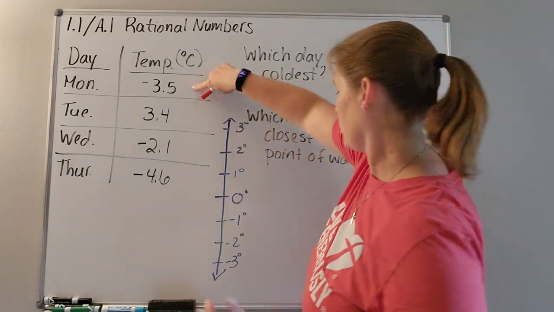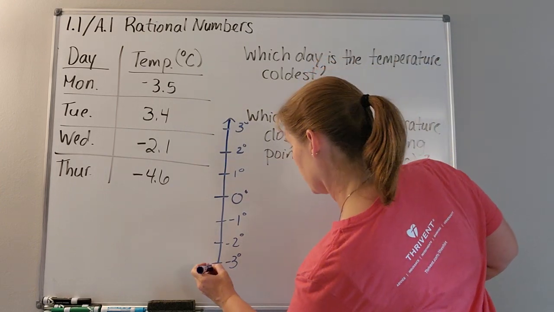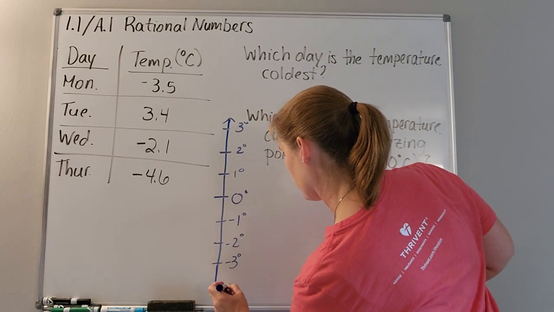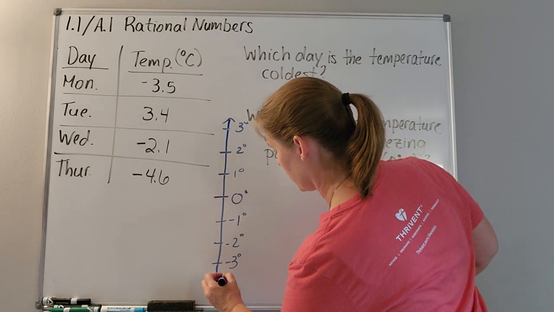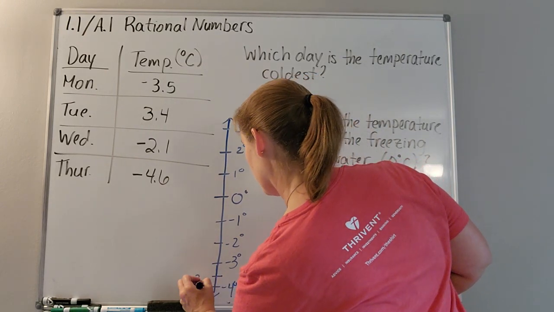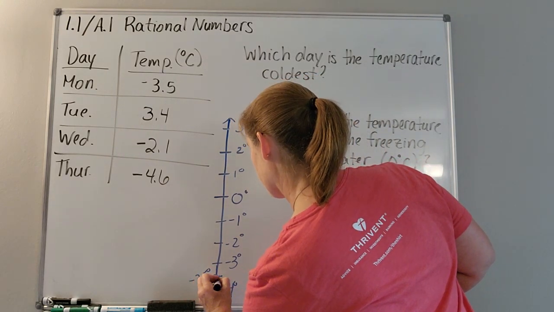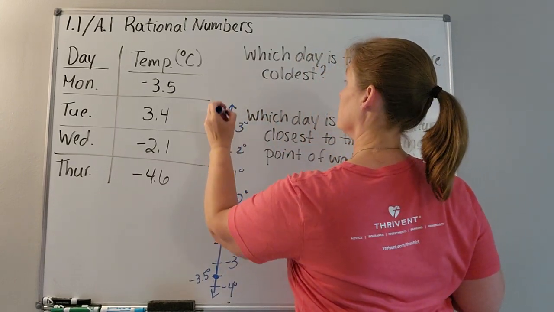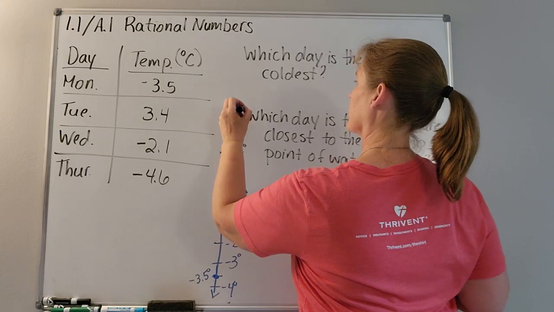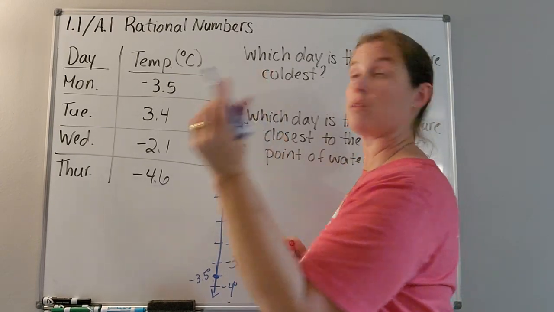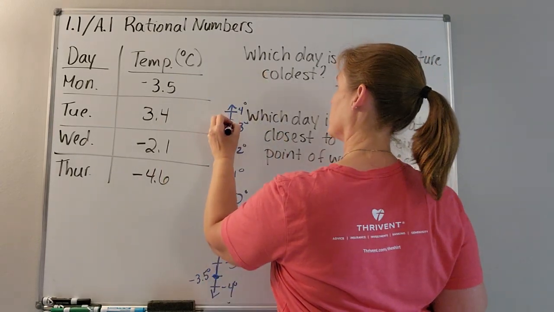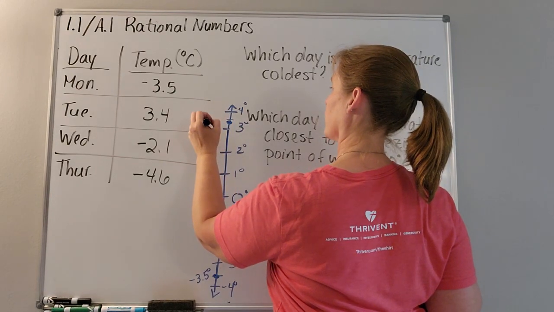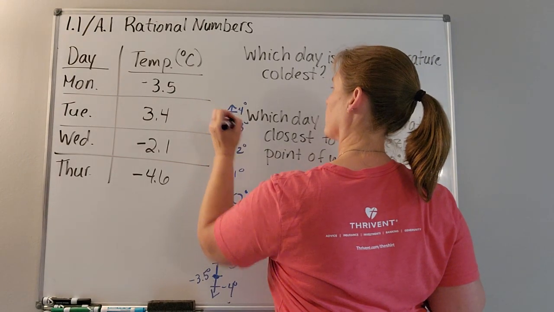All right, negative 3.5. Whoops, I better extend my number line a little bit. Get negative 4 on there. So negative 3.5 is right there. 3.4, whoops, gotta extend my number line up this way too. That would be halfway, so it's just a little before halfway. 3.4 degrees.